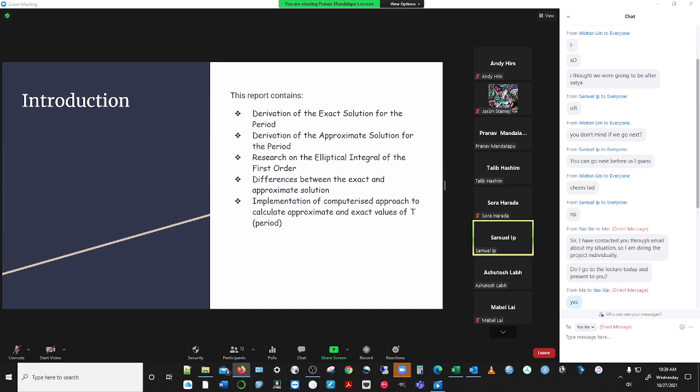We also did a little research into the special function of the elliptic integral of the first kind, which is used to solve the exact solution for a pendulum. And we also show an implementation of a Python program which shows the difference between the exact and approximate solution. Next slide.